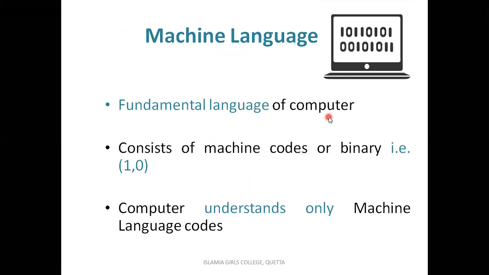This means that the computer's basic language is machine language. Computer is an electronic device, a digital computer, and it understands only ones and zeros. So it consists of machine codes, binary, 1 and 0, and it understands only the machine language codes.